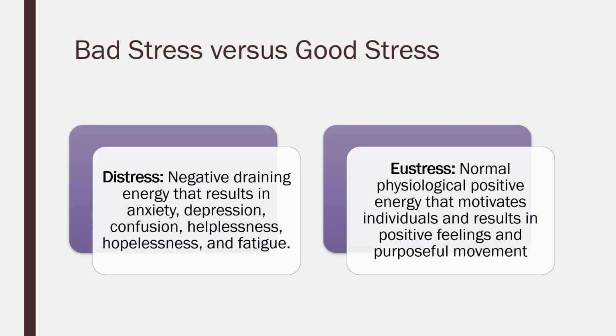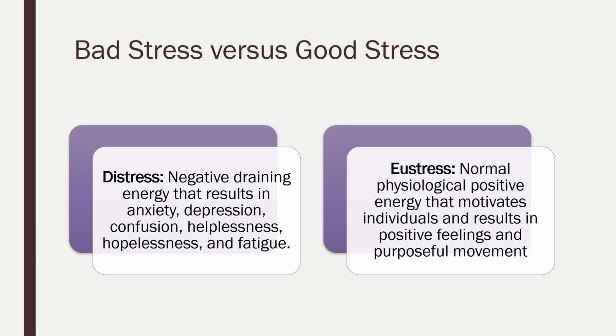Hans Selye also noticed that individuals become energized by both negative and positive events. These reactions are distress or eustress. Distress is a negative, draining energy that results in anxiety, depression, confusion, helplessness, hopelessness, and fatigue.